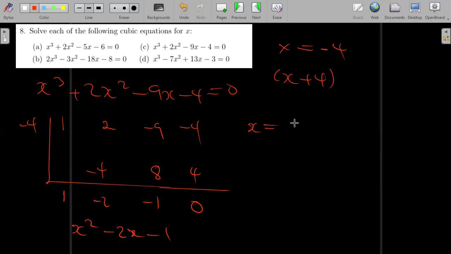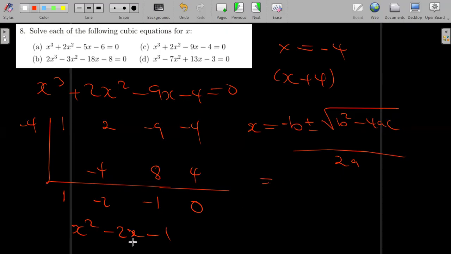Well and good, I'll use the quadratic formula. Negative b plus minus the root of b squared minus 4ac, divided by 2a. So I can replace that there.